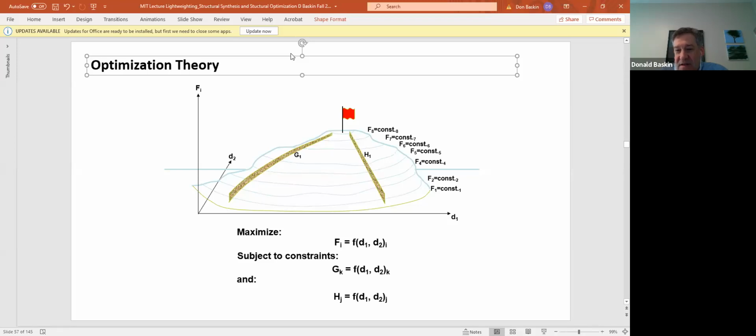This is a mountain at a ski resort with some snow fences. The objective is to get to the top of the mountain, so you want to maximize this function f. But there are certain constraints. You've got these snow fences. You can't go skiing beyond the snow fences. So you've got these constraints, call them g and h. Those are the functions that describe where you can go and where you can't go.